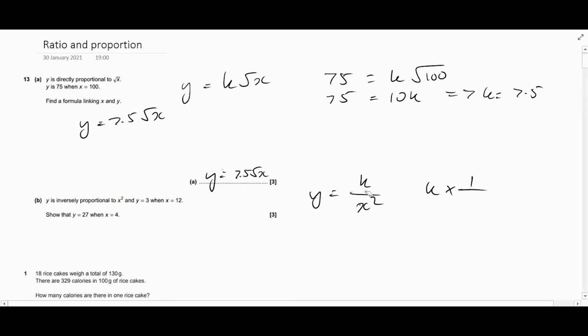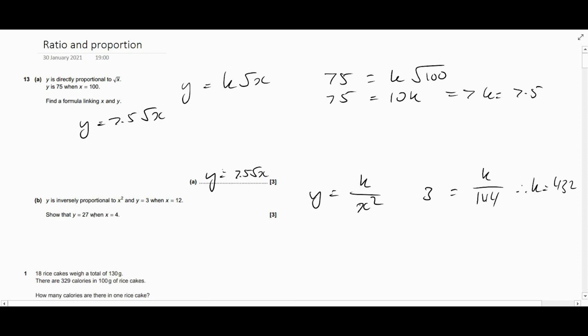That's just the definition of inverse proportionality. So again, we just plug in the numbers. y equals 3, k we don't know, and x is 144, 12 squared. That gives us a value of k, which is just 144 times 3, which is 432. So therefore, k is equal to 432.